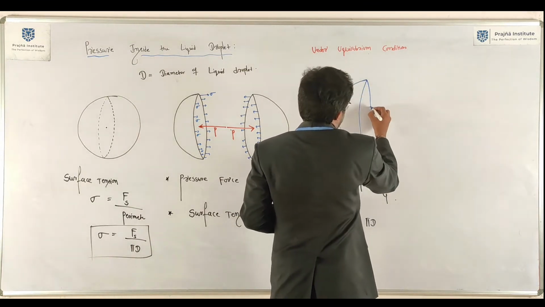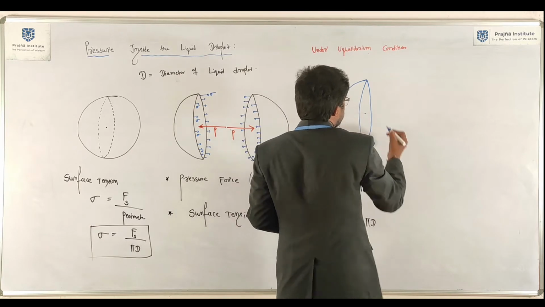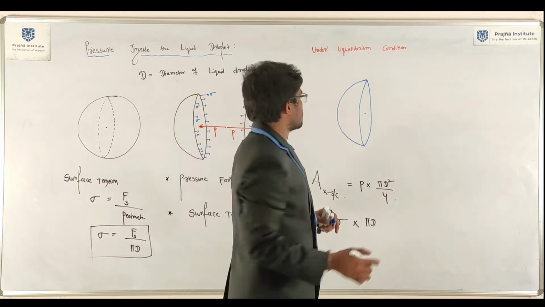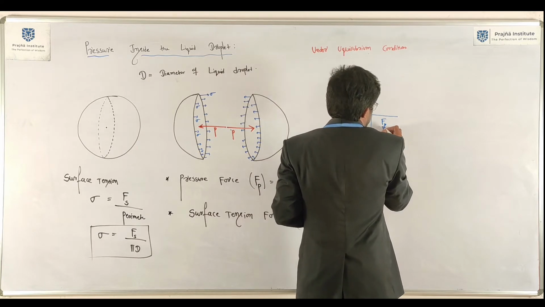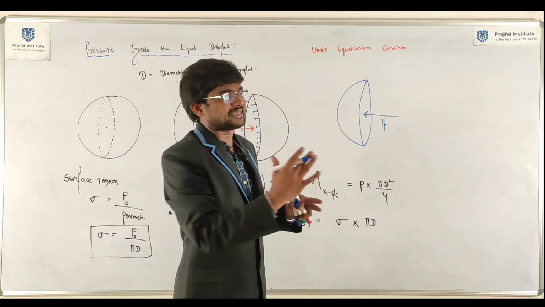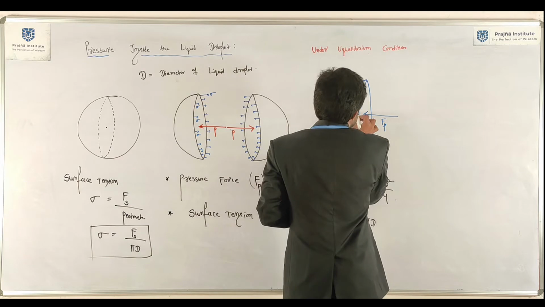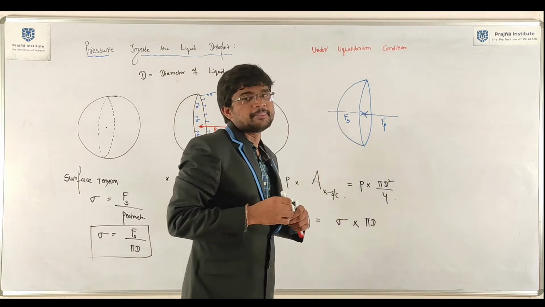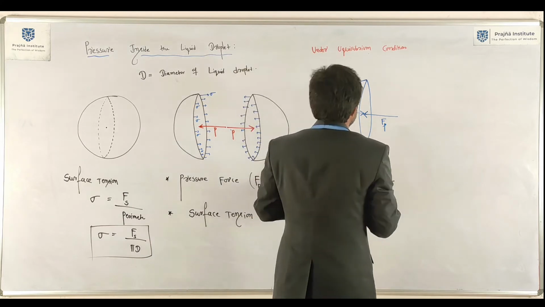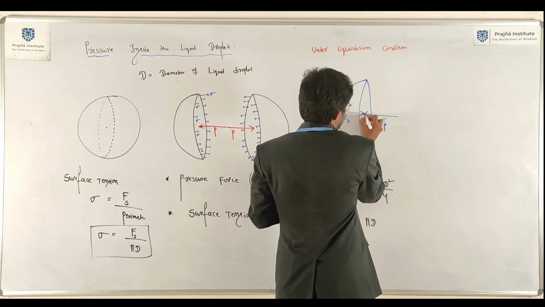Considering half of the droplet, total pressure force is acting inwards, and total surface tension force is acting outwards.